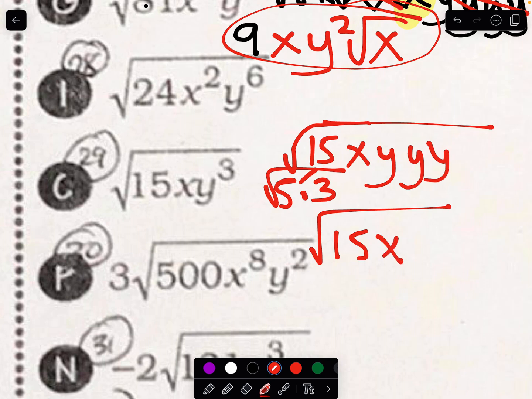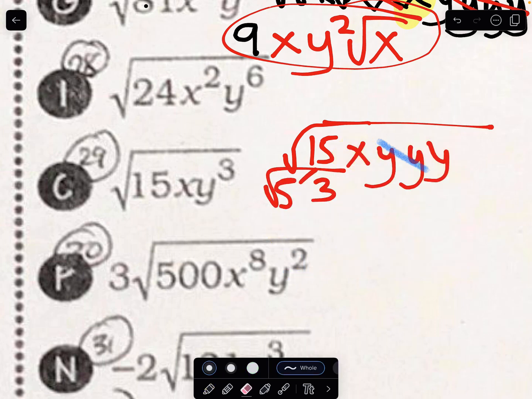The x stays there too, and there's no other pair. The y, there's one of them. Y to the 1st, or just y, 1y. And the y that's inside, that's left in there. Stays in, and that's the answer there.